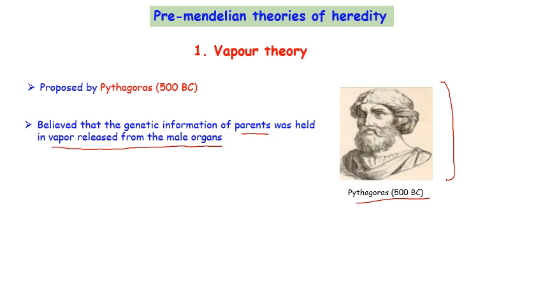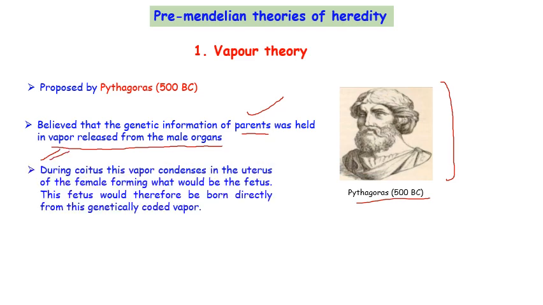The genetic information required for the development of the offspring is stored in the parents and it was held in vapor released from the male organs, and during coitus, during mating, the vapor condenses in the uterus of the female, forming what would be the fetus.